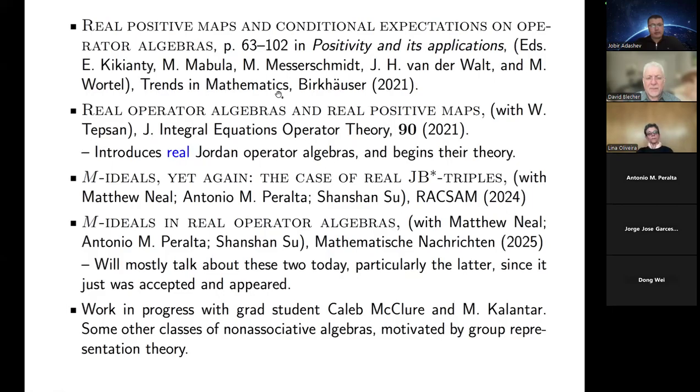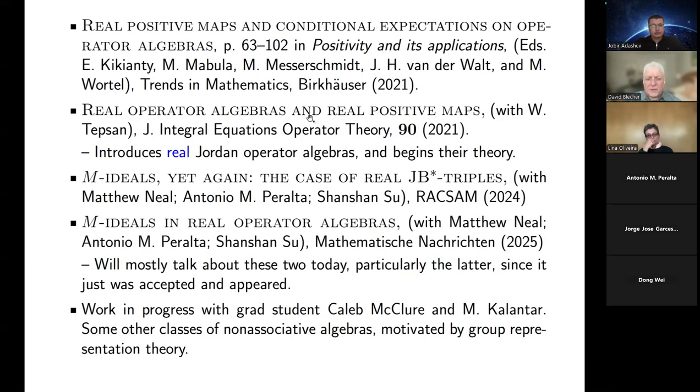Then the next paper is a lengthy survey paper, which continued a large part of that paper. Although it's a survey paper, a large part of it was new results, continuing the paper that I just mentioned on contractive projections and expanding some of that.